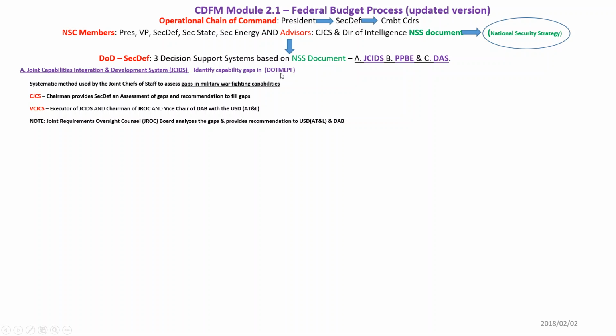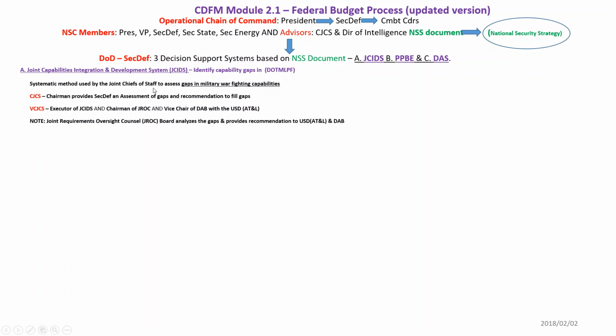So they also look at materiel. You can look at materiel as your equipment. They look at our leadership structure, our personnel, the rank structure, the type of MOS or whatever, personnel, and then look at the types of facilities. So JCIDS is a systematic method used by the Joint Chiefs of Staff.